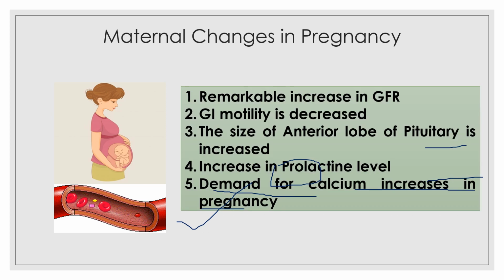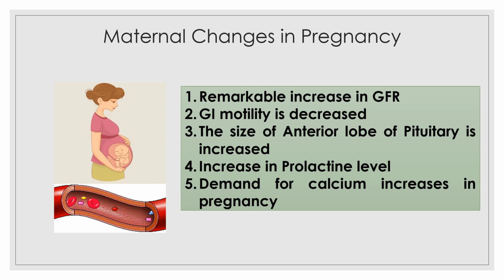Now in the kidney, there will be a remarkable increase in GFR, and GI motility is decreased. Mother often faces a fullness of abdomen. The size of the anterior lobe of the pituitary is increased. That is very important. The anterior lobe of the pituitary will become very vascular, and if postpartum hemorrhage occurs, it can give rise to a very fatal syndrome.